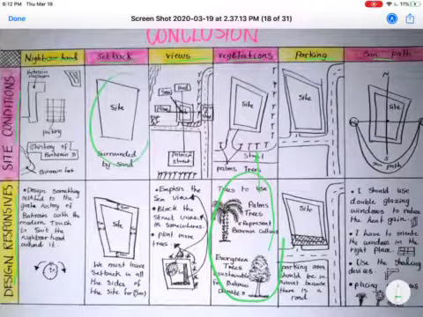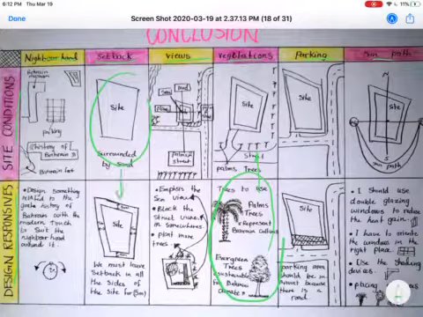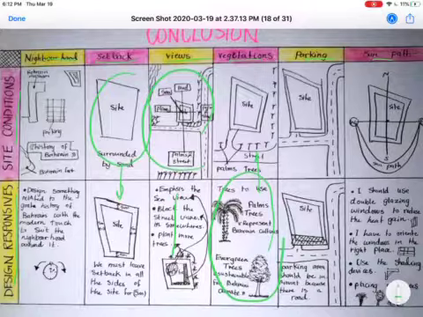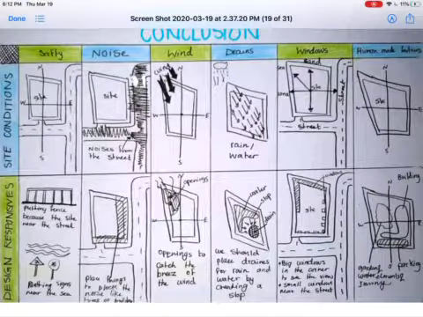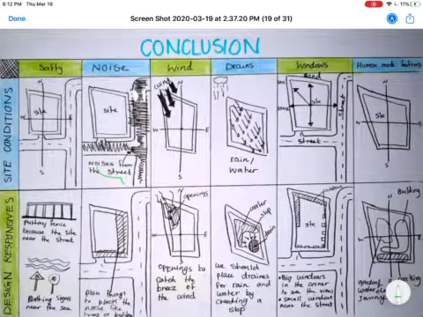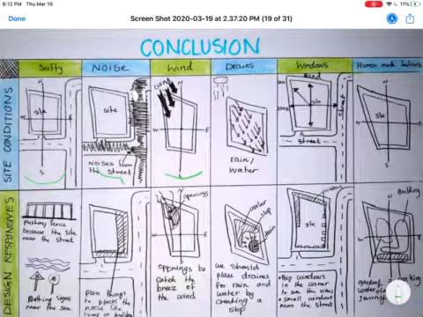So if I have this in my site, what should I have then as a response? If I have this, what should I do? If I have that, again, the same thing. What should I do with this? Okay. And it continues through another one, like site conditions, and then regarding the noise, regarding the safety, the wind, the drains.